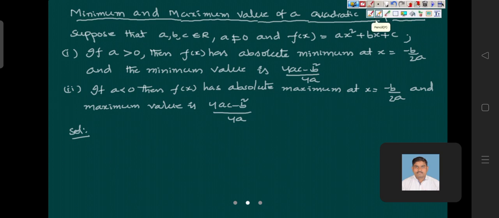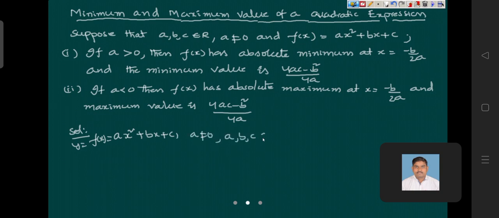You know that the general form of the quadratic equation is ax square plus bx plus c is equal to 0. If it is not equal to 0, it is a quadratic expression. This quadratic expression will be named f of x. Of course, we can also say y, where a is not equal to 0, and a, b, c are any real numbers.